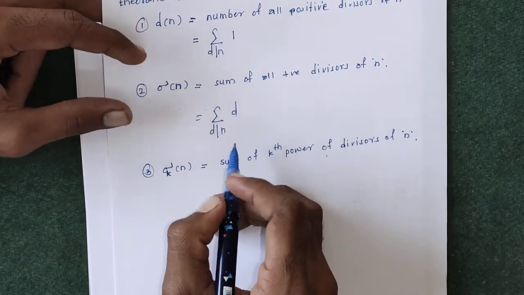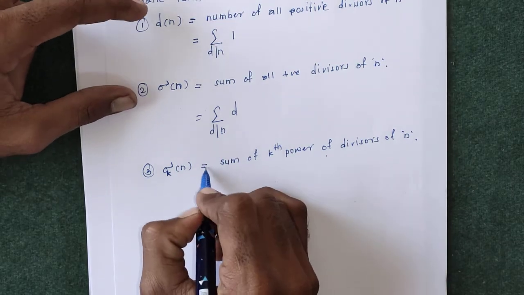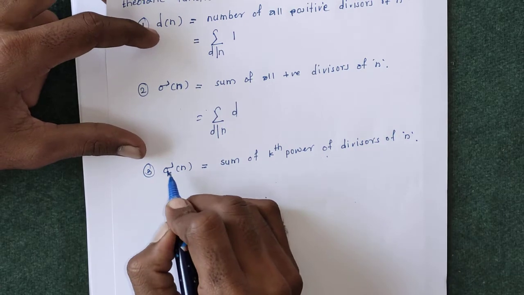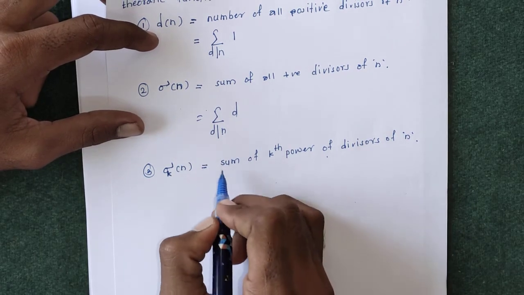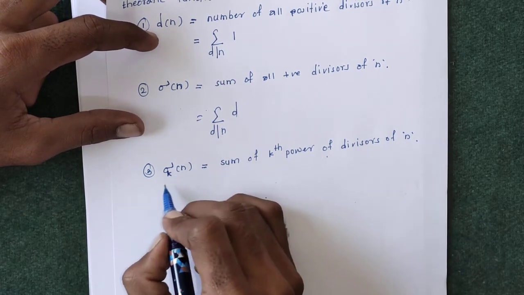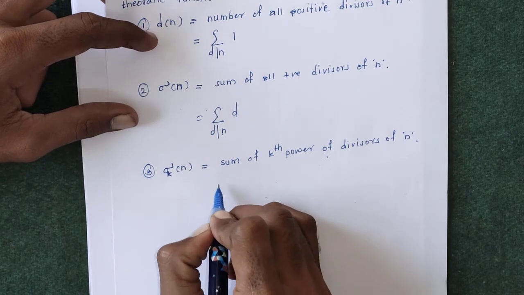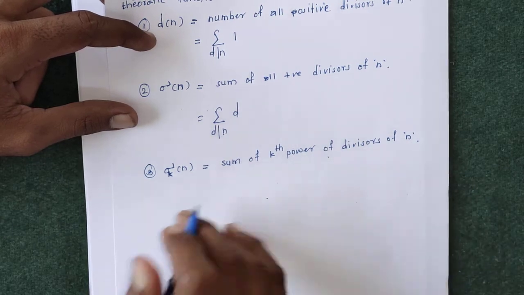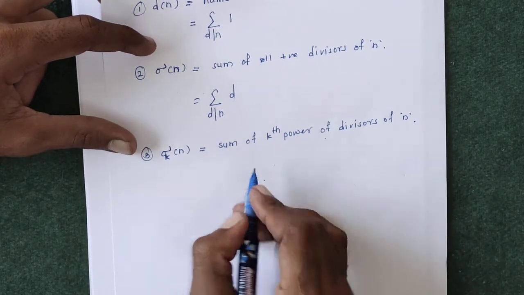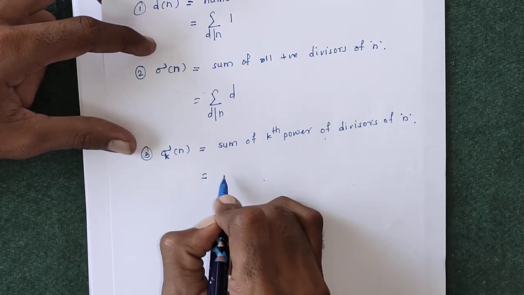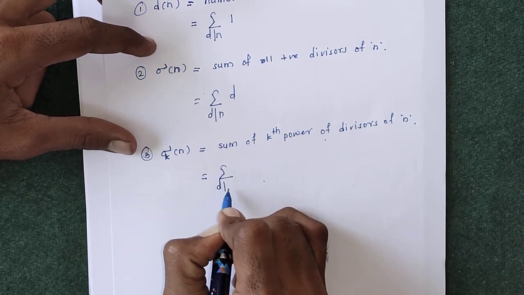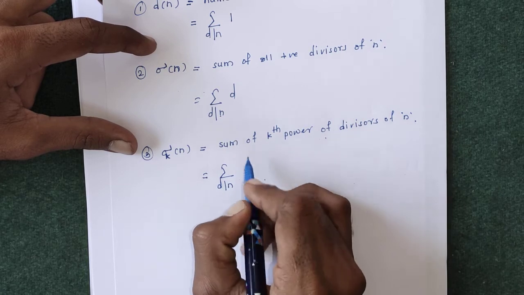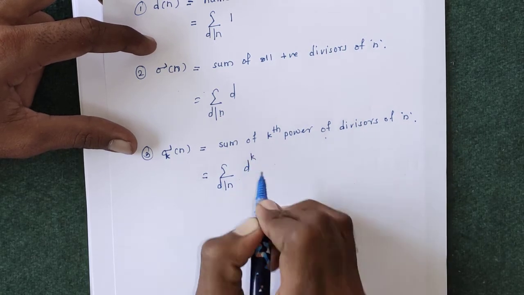If for example n is equal to 10, then we have the divisors 1, 2, 5 and 10. Then sigma 2 of 10 means the summation of second powers, so 1 square plus 2 square plus 5 square plus 10 square. Summing all the numbers, we get sigma 2 of n. Sigma k of n is the summation of the kth power of all divisors of n.